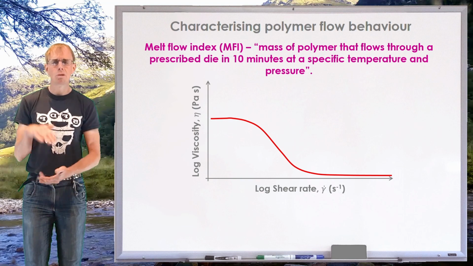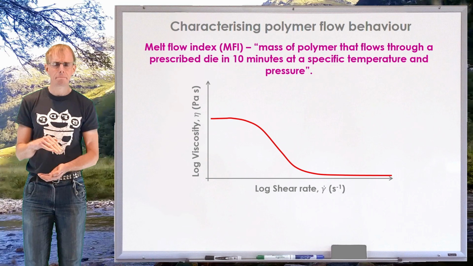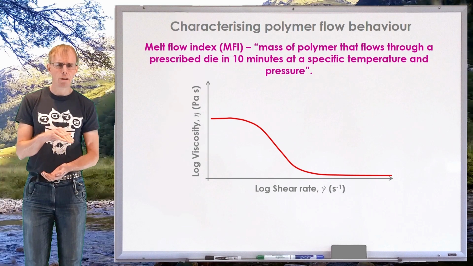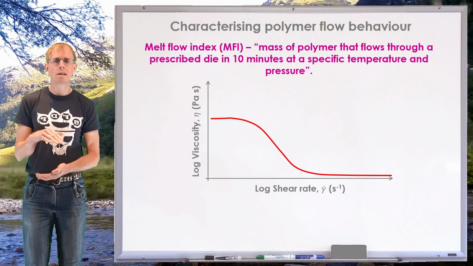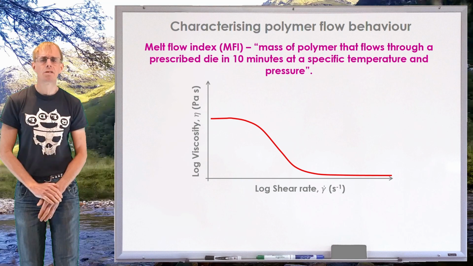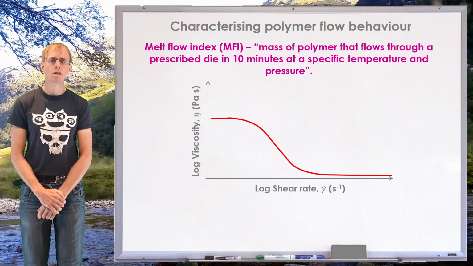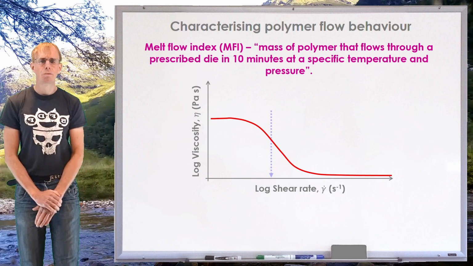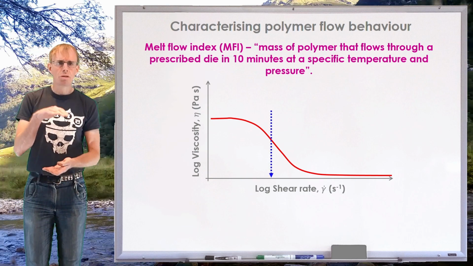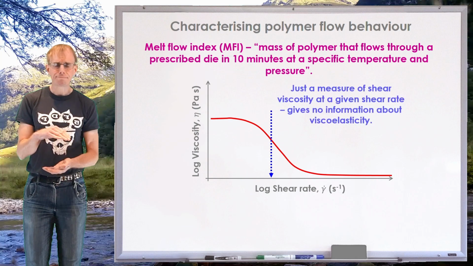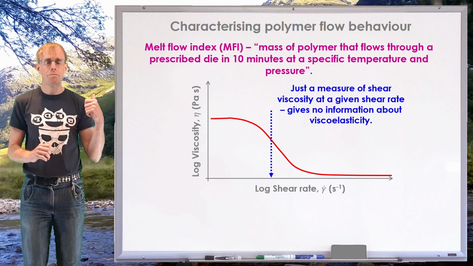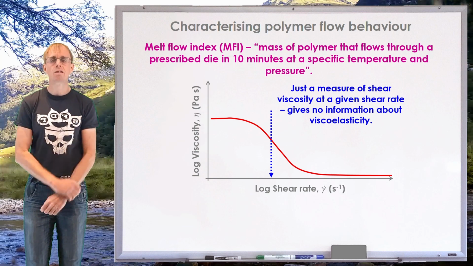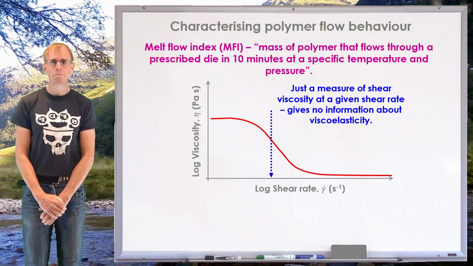So we're applying a stress to the polymer and getting a flow, which means we're putting ourselves somewhere on this shear thinning curve. For example, the stress that we impart on the polymer by pressuring it might give a velocity field that gives the shear rate that I've indicated with that blue dashed arrow there.